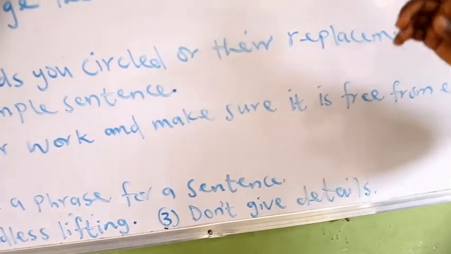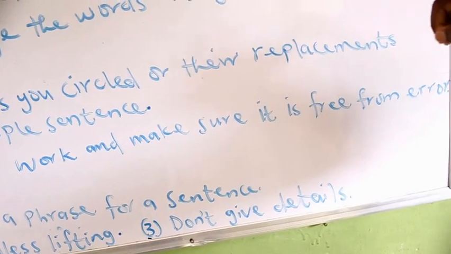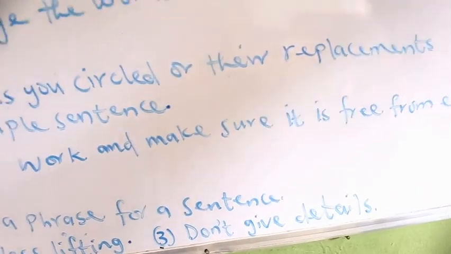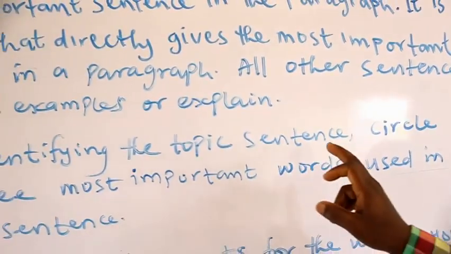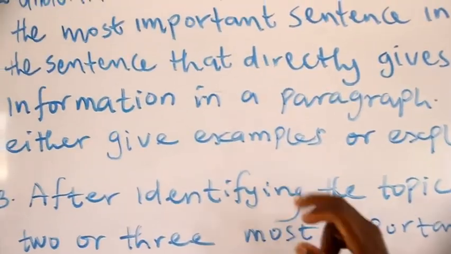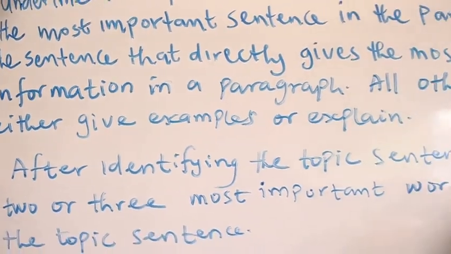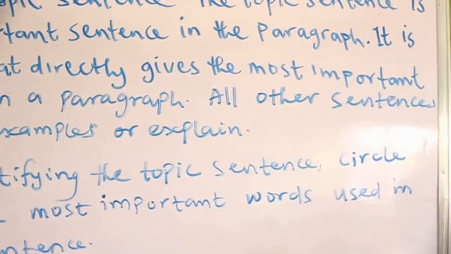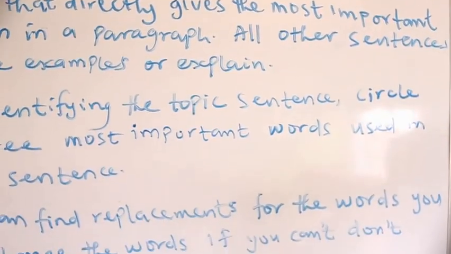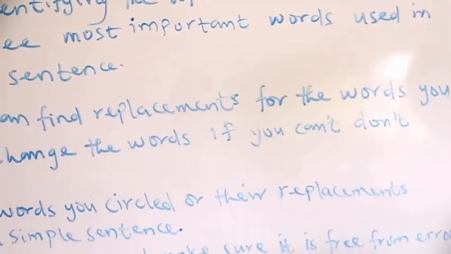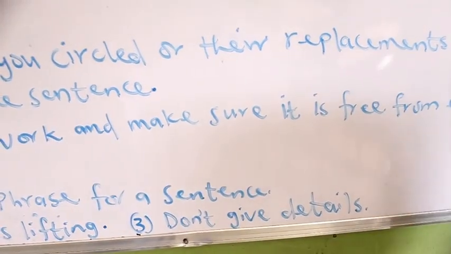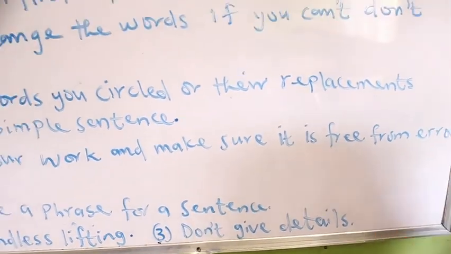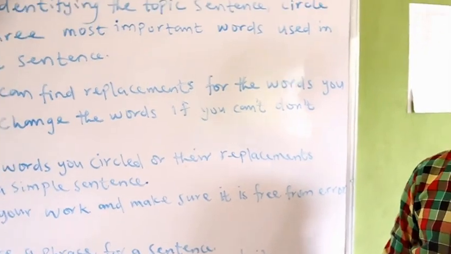Remember also in step 2 that all other sentences either give examples or details. You are not to give examples, or explain, when writing a summary. Just go straight to the point. Also, avoid informal expressions. It will not be accepted under summary writing.